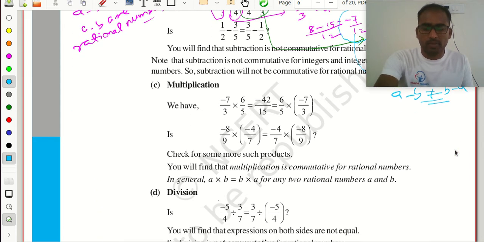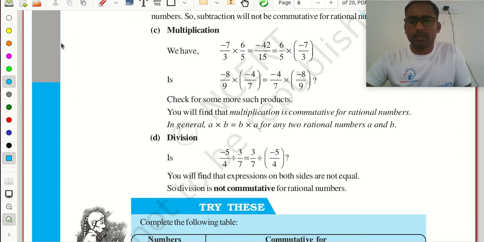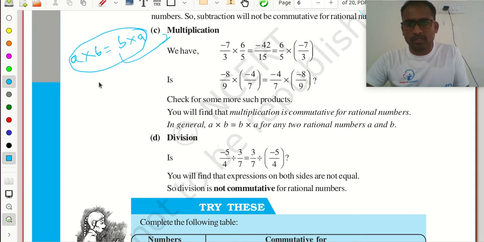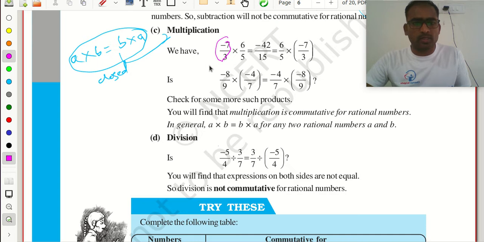Next, I will check for the multiplication. In multiplication also, a is one rational number, b is another rational number. If I do multiplication of a into b and the result of b multiplied with a, if these two are equal, then I can say this is commutative under multiplication. Now here minus 7 by 3 is one rational number, 6 by 5 is another rational number.